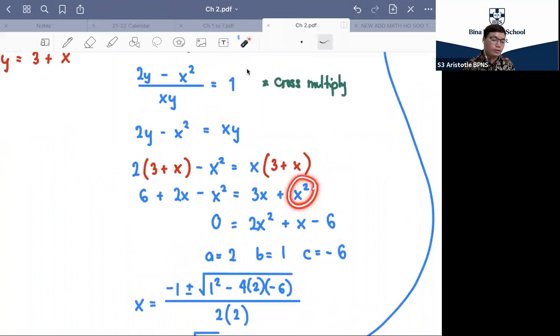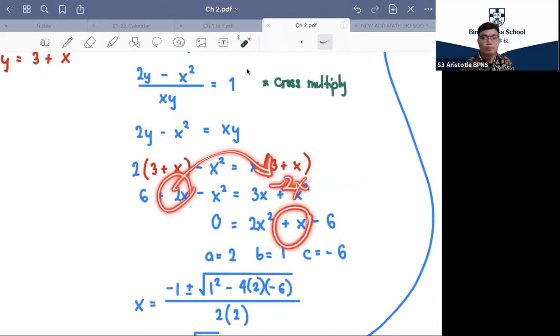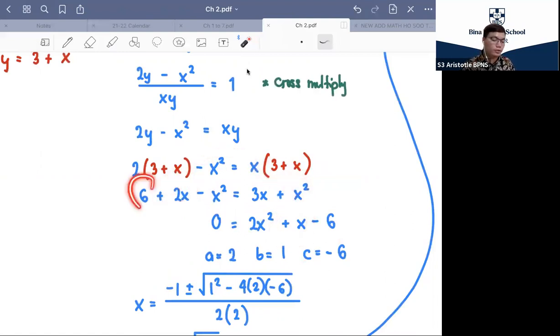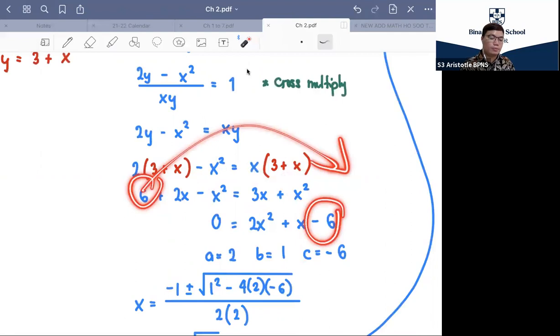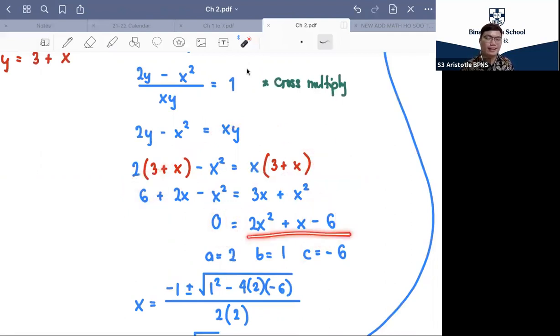So x squared, and if you transpose this here, it becomes plus x squared. So that's how I got 2x squared. And then 2x here becomes minus 2x, so it's just plus x. And then, of course, 6 put here becomes minus 6 equals 0. So this is already in standard form.